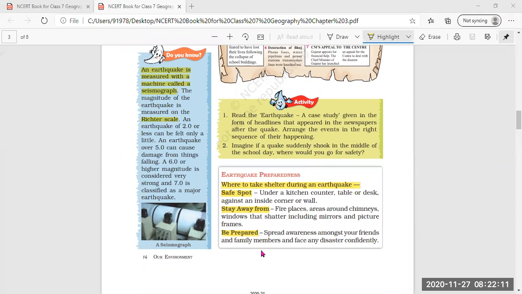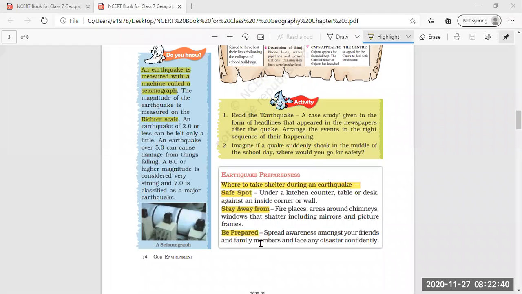How will you be prepared? You have to be prepared by spreading awareness among your friends and family members about the occurrence of earthquakes, and ask them to be calm and quiet, and to take quick decisions if this type of natural calamity occurs.